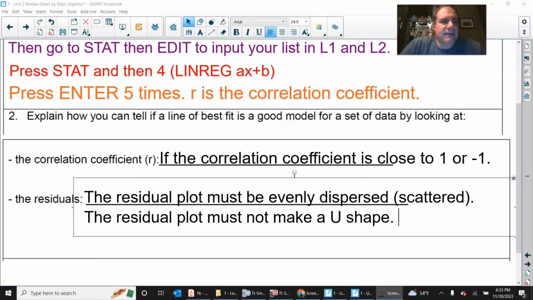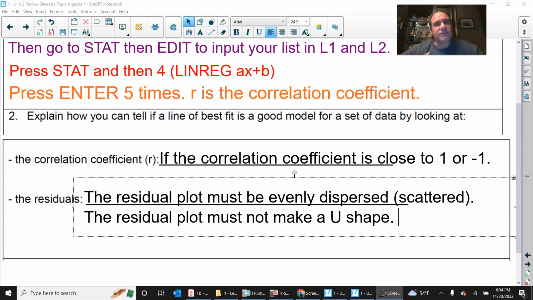Well, when you're looking at the correlation coefficient, if it's close to 1 or -1, it is a very strong positive or very strong negative correlation. All right, so if it's close to +1 or close to -1, that is a good thing, and you can tell that line of best fit is a good model.